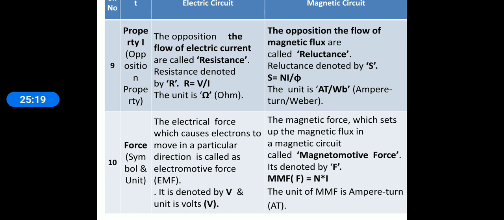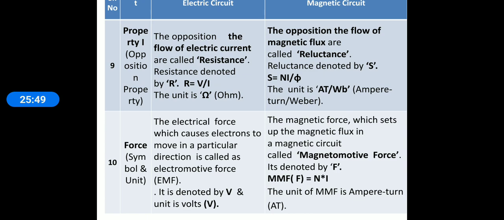In an electrical circuit, the electrical force which causes the electrons to flow in a particular direction is called electromotive force, and it is denoted by V, and the unit of electromotive force is volts.